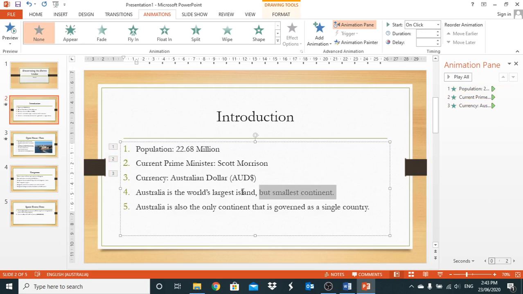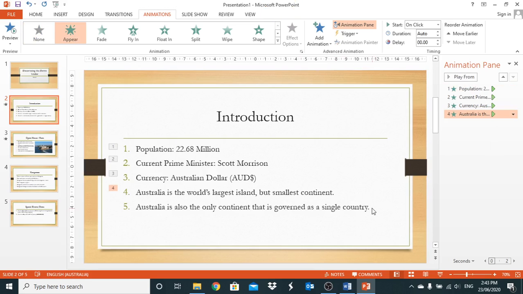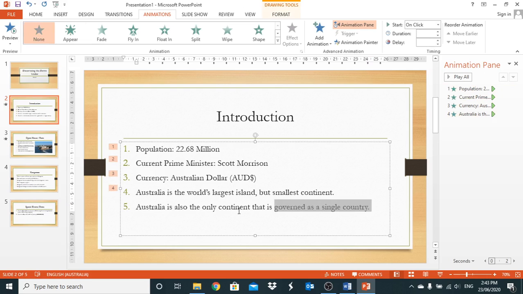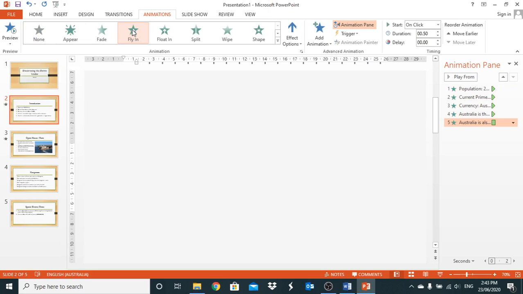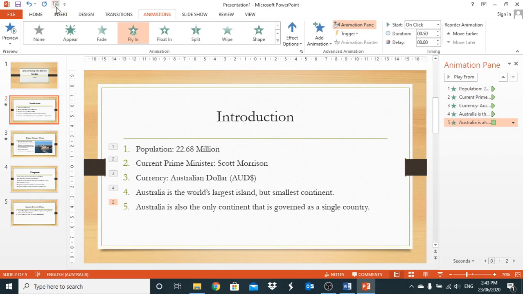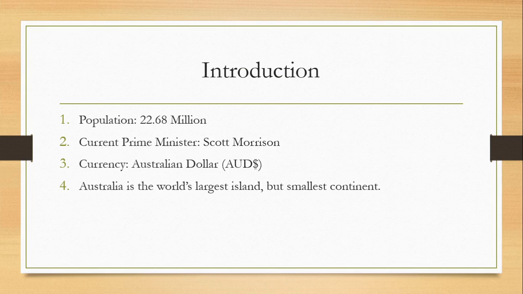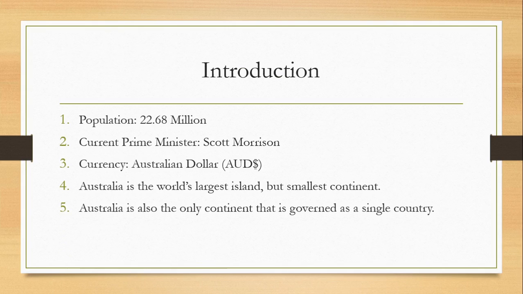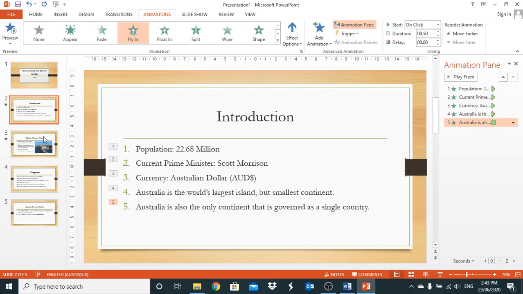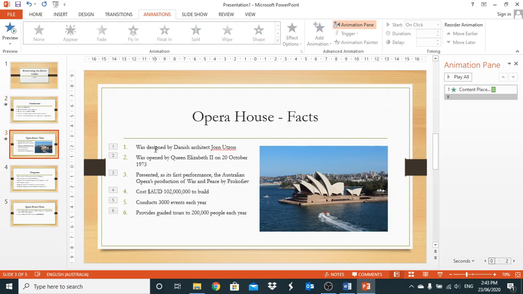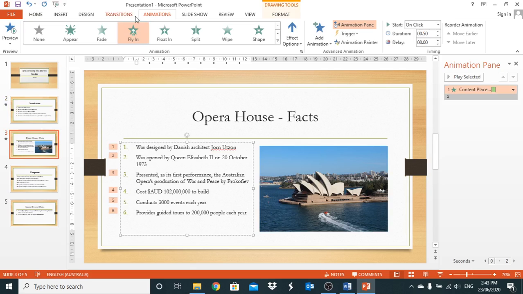And once again, you can be creative. You don't have to continue to select the same theme. Okay, so we've done that for slide 2. And now we're just making sure that it's all correct. That's fine. So now we'll go to slide 3 and do the same thing.